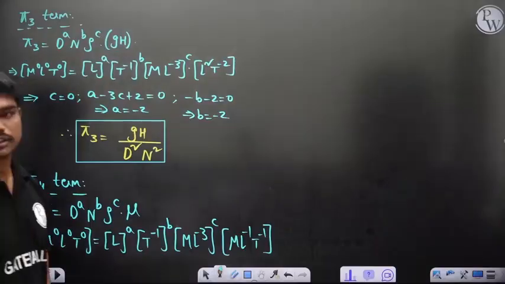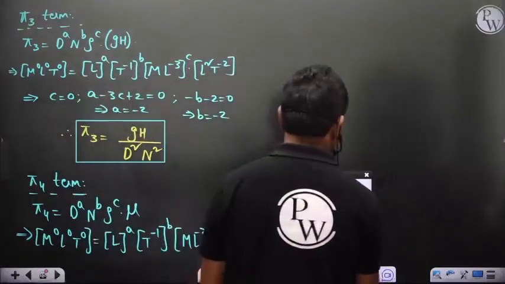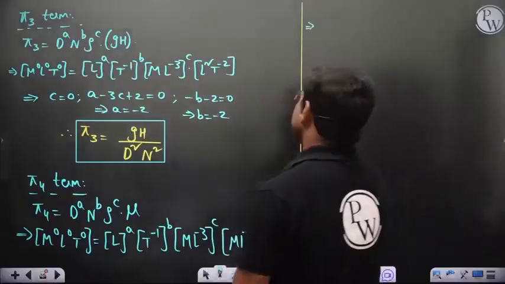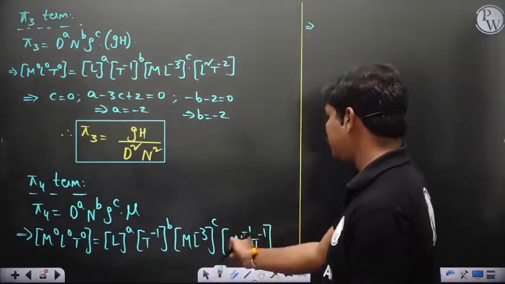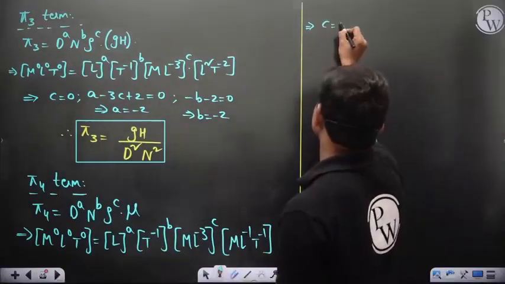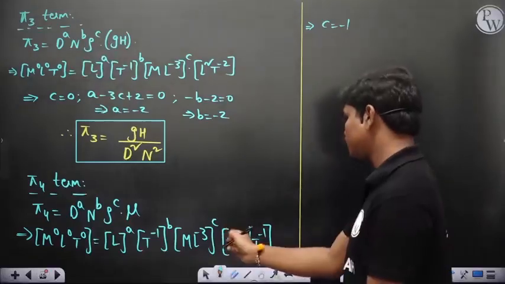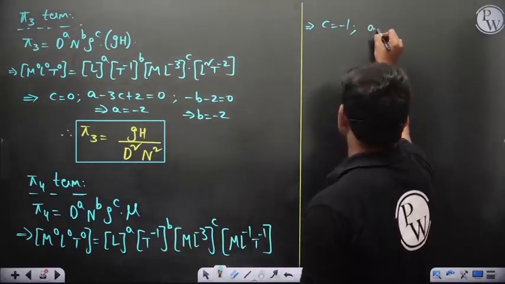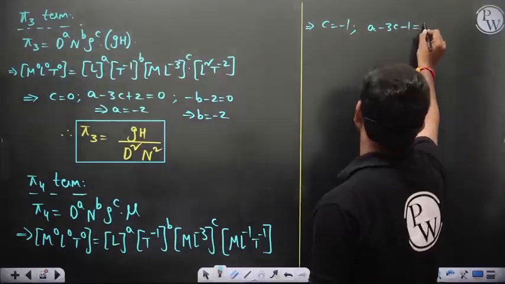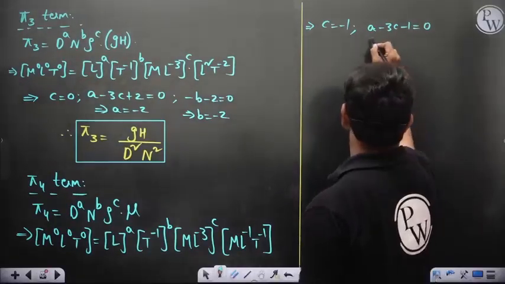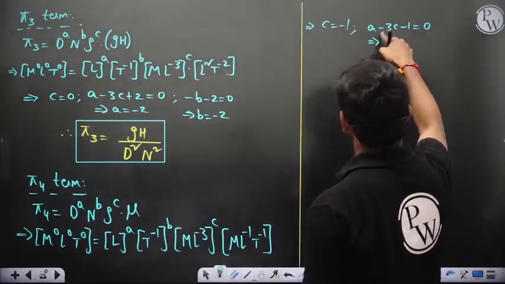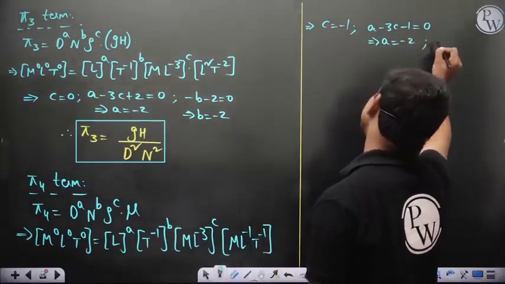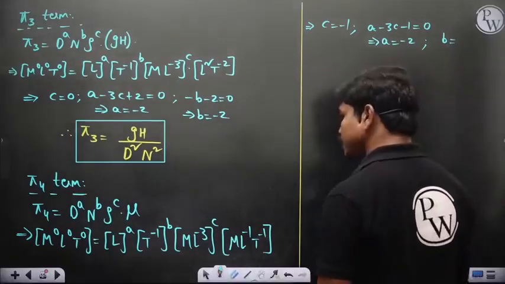These are the dimensions. If you simplify this, mass is in both these terms, so c is minus 1, because 1 plus c is equal to 0. Then L: a minus 3c minus 1 is equal to 0. So if c is equal to minus 1, 3 minus 1, 2, so a equal to minus 2. So what is the value of b then in that case?